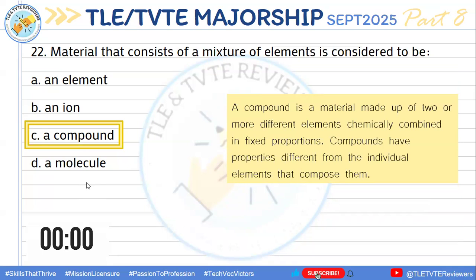And letter D, a molecule, partially correct but incomplete because a molecule can be made of the same element like O2 or oxygen, or different elements like H2O, or water. But the question emphasizes a mixture of elements, so the broader term compound is more accurate. So answer letter C, compound.